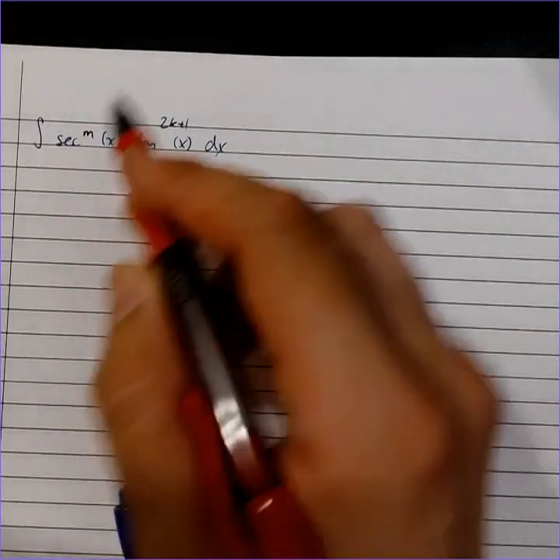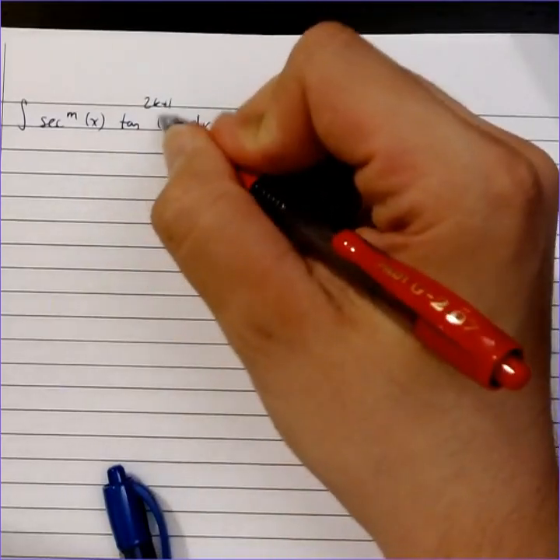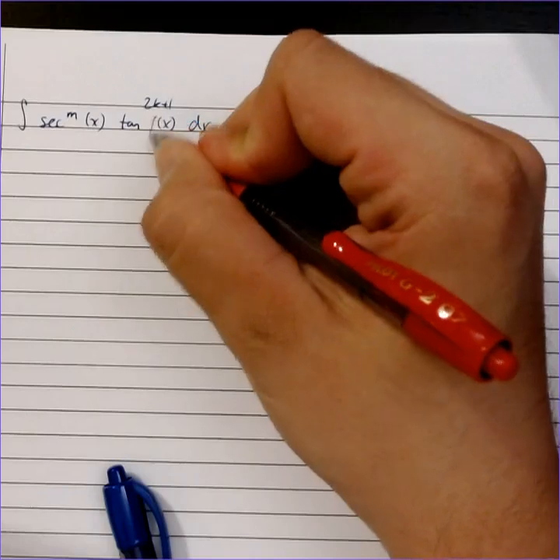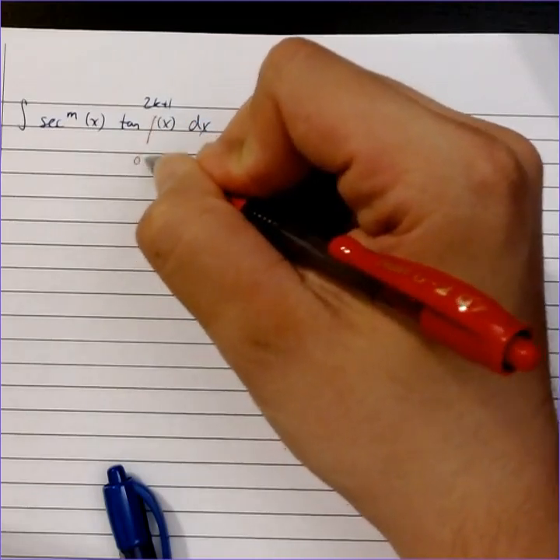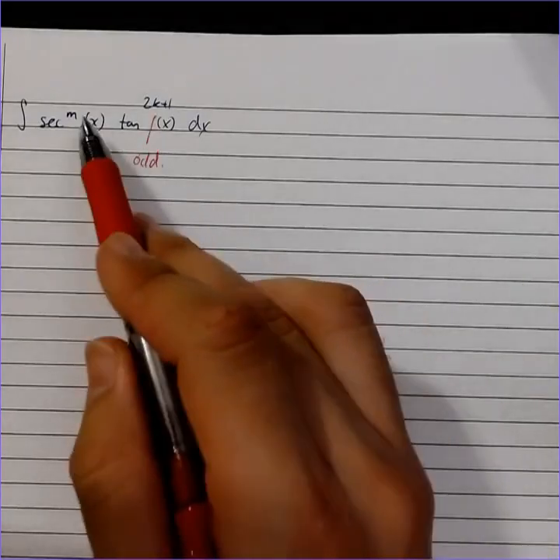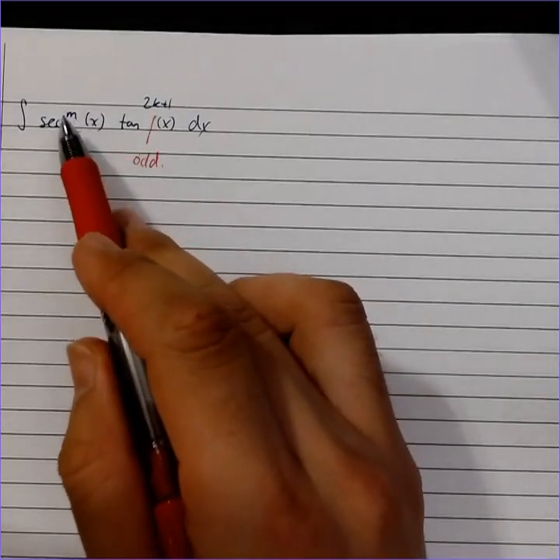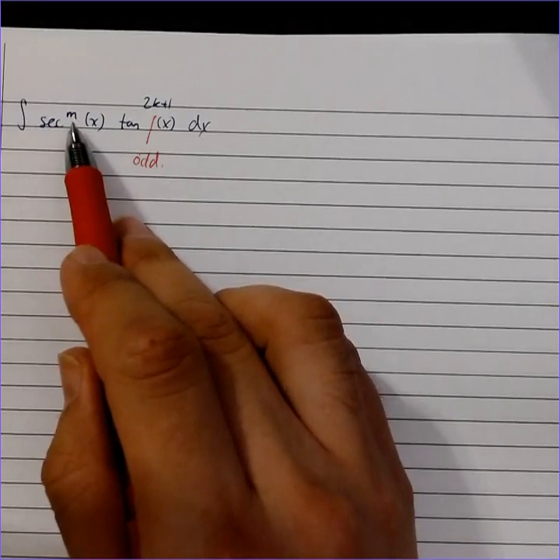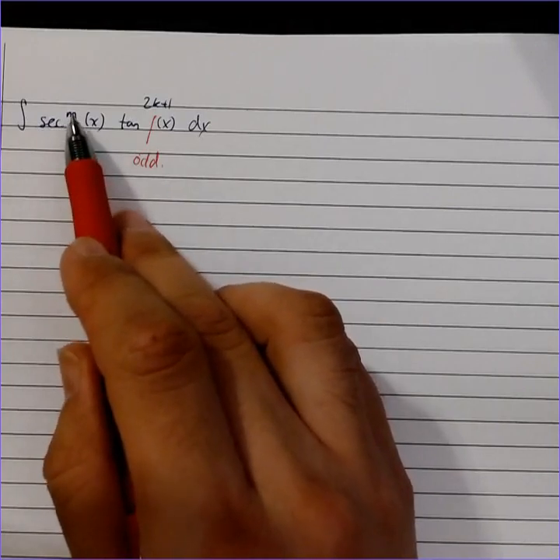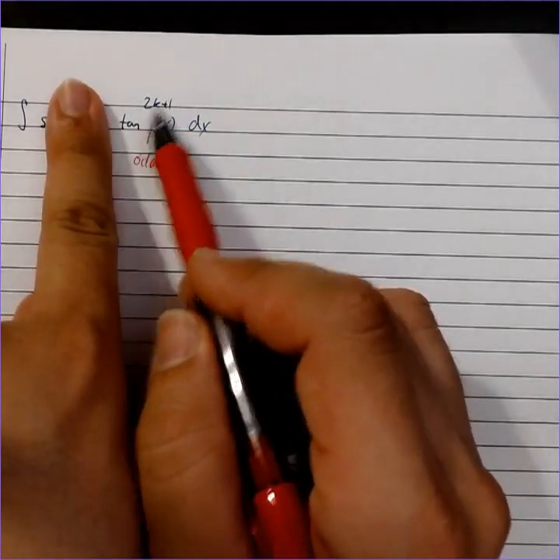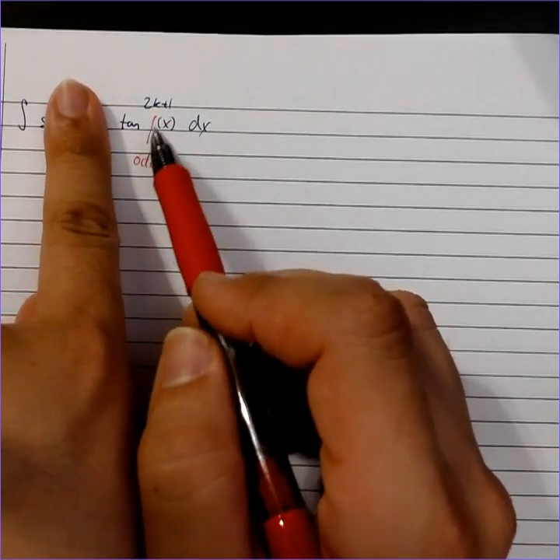It's possible you don't have any of those. And then here we have an odd power. Like that. Oh, actually, I take that back. I said it doesn't matter what power this is, even if it's 0. Actually, no. This should be any number except 0. Because if it is 0, we're left with only tangent of x, and that's tangent to a power of x, and that's going to be its own separate case.